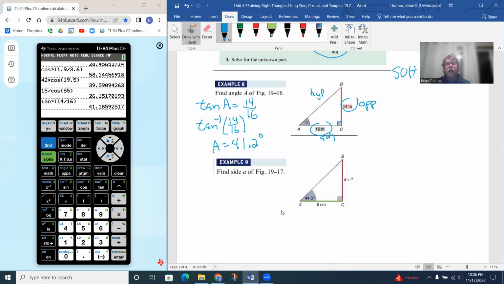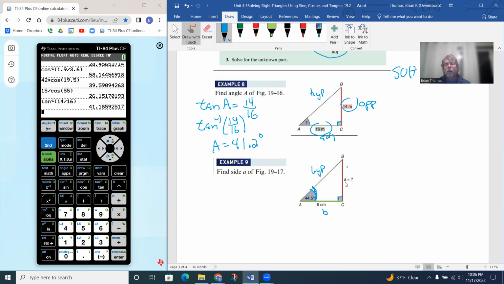So if I'm looking for side A, so here's angle A, so side A is going to be the opposite of it. Here's the right angle, so this is going to be side C, or that's going to be the hypotenuse. If this is angle B, then this is going to be side B over here. So anyway, we do have an acute angle given.